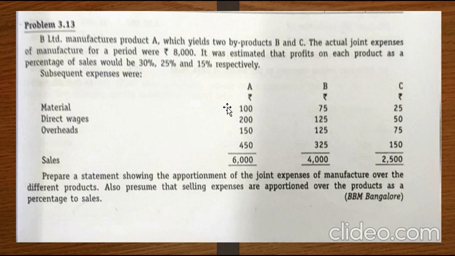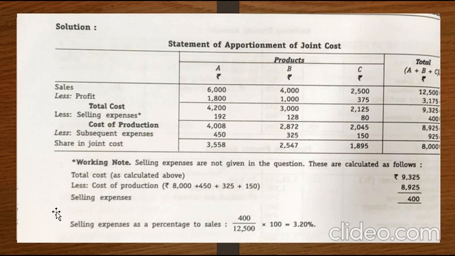So your 8,000 is manufacturing expenses plus, for A, 100, 200, 150. The total of it is 450, and for B it is 325, and for C it is 150. So that is your cost of production. So we will add up your cost of production: 8,000 manufacturing expenses plus 450 of A's subsequent expenses plus 325 of B's subsequent expenses plus 150 of C's subsequent expenses will give you the total 8,925.